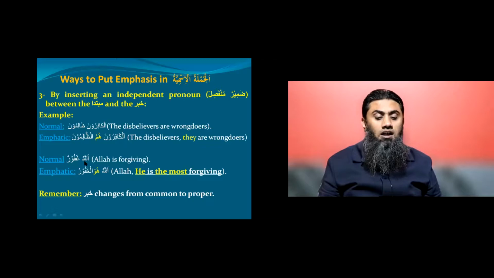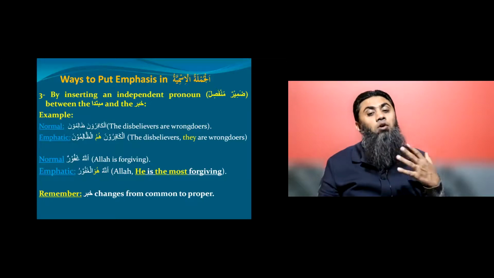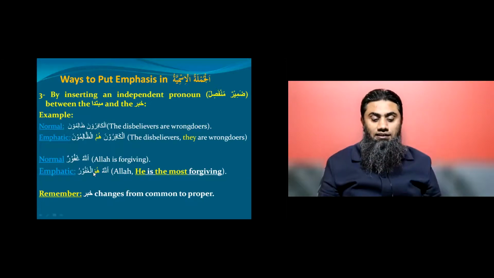One more example. Allahu ghafurun. Allah is forgiving. Now look at this one. Allahu huwal ghafur. Allah, he is the forgiving, or he is the most forgiving, you can say. You see, Allah was mubtada, ghafurun was khabar. In between them, we inserted the independent pronoun huwa.